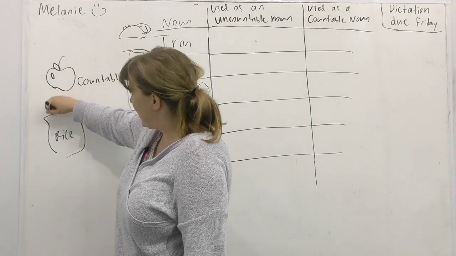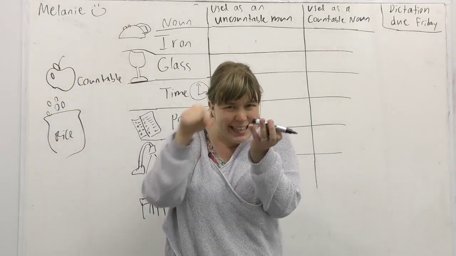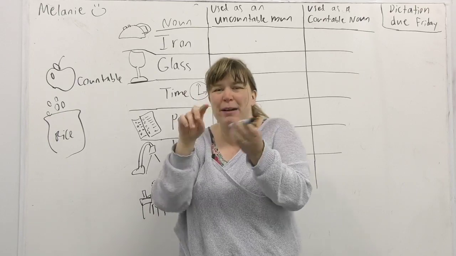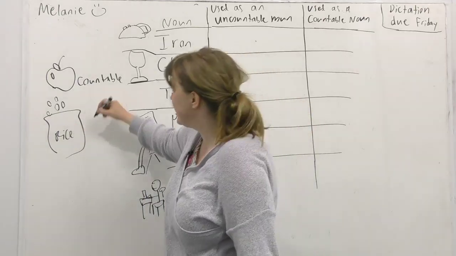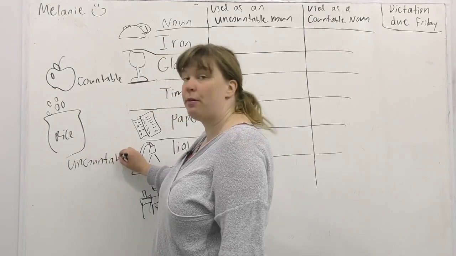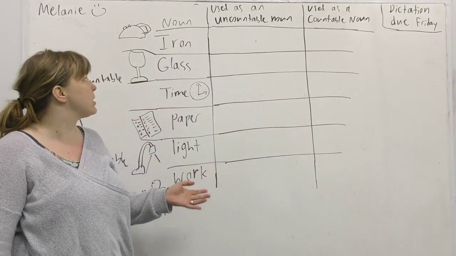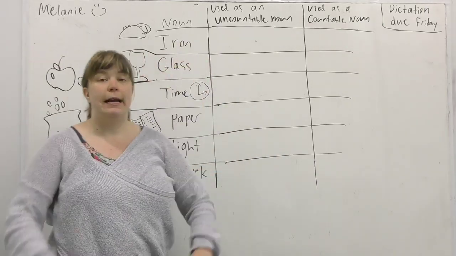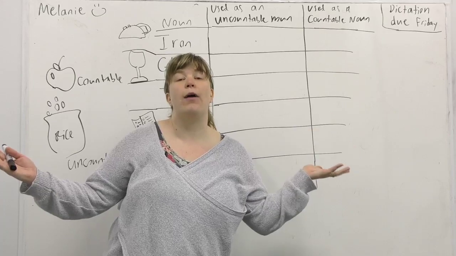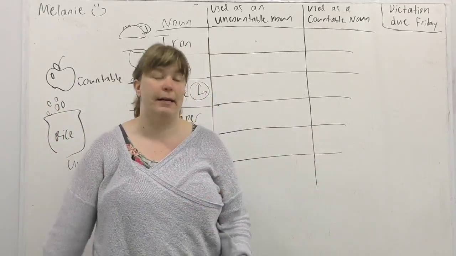So it might look like tiny little grains. Remember, tiny little grains, like you can't really count them unless you pick them out one by one. So typically rice is uncountable. However, today I'm going to show you a few nouns that can be countable and uncountable, depending on the situation you use them in.